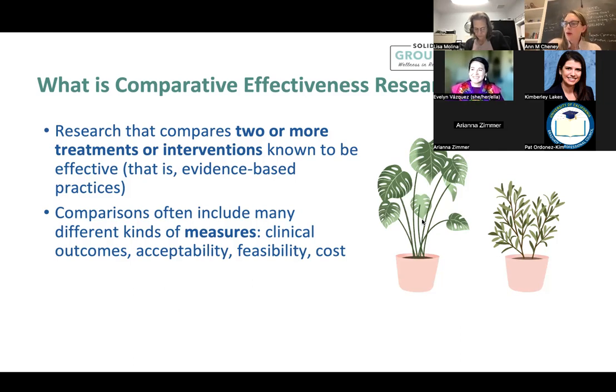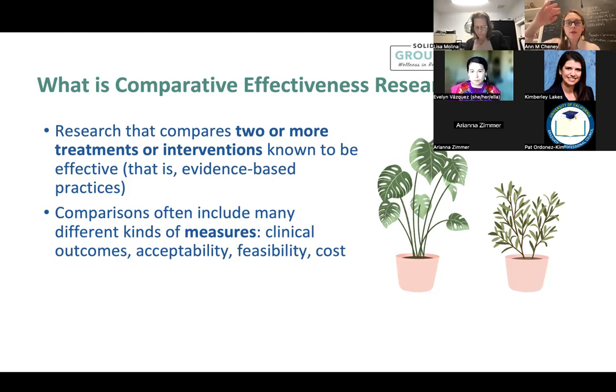Monstera. Okay, so if we consider both of these plants as two different interventions, in previous studies, they have proven to be efficacious for improving mental health among individuals specifically diagnosed with depression.